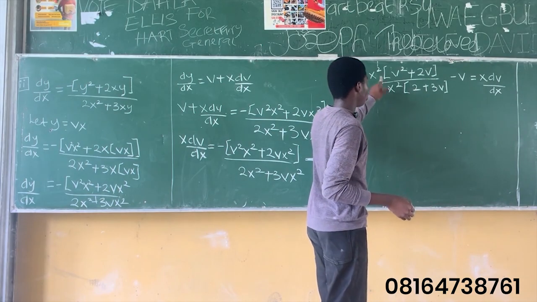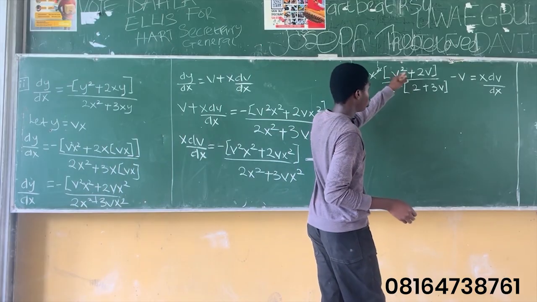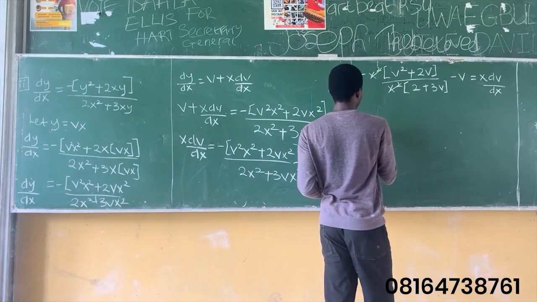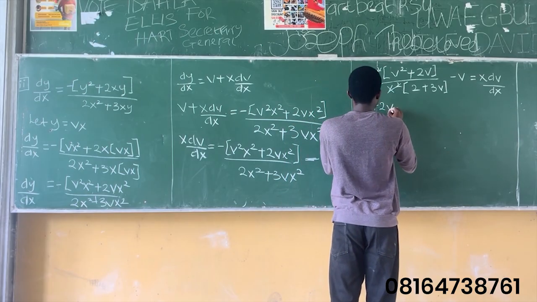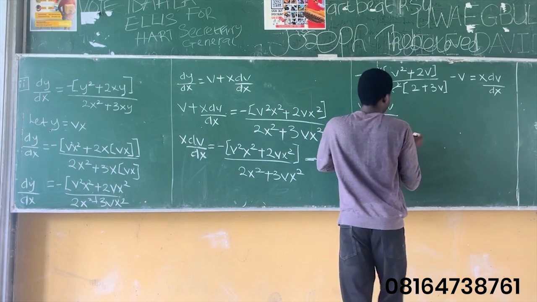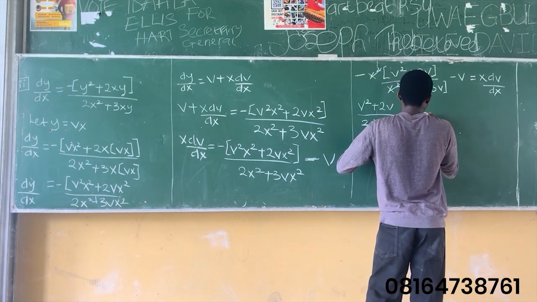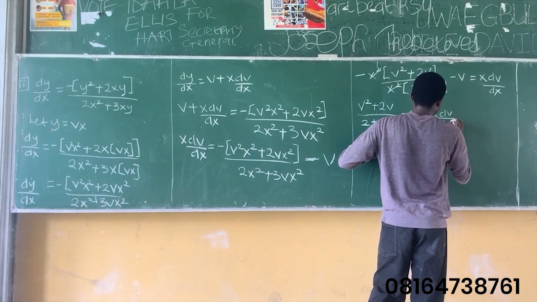Noting that this x square also cancels this out, we'll be left with this whole equation. So now we'll have minus v square plus 2v divided by 2 plus 3v minus v is equal to x dv over dx.